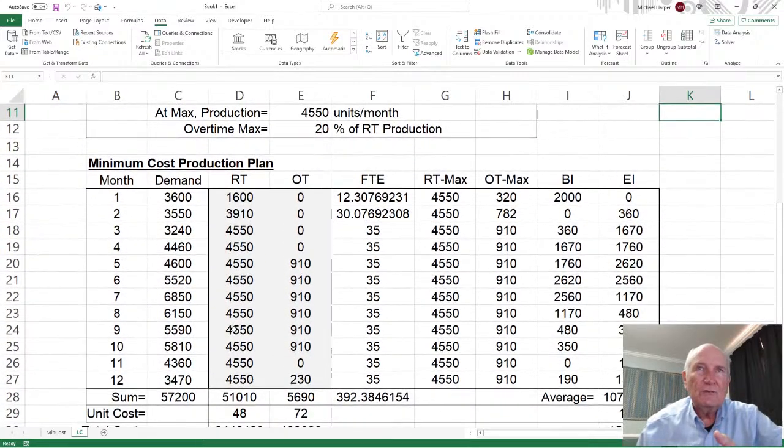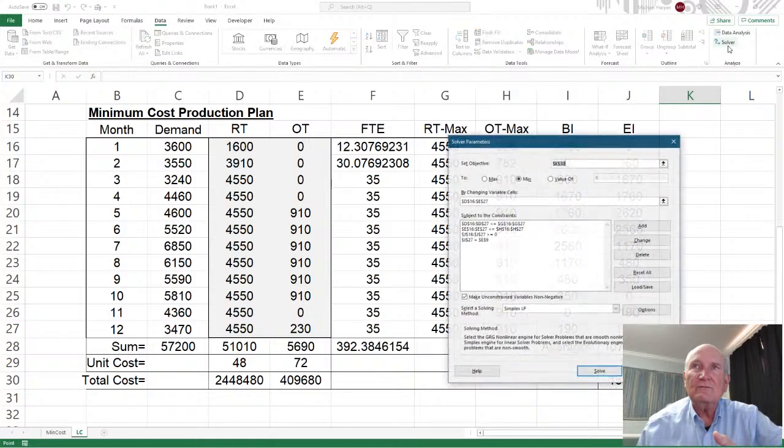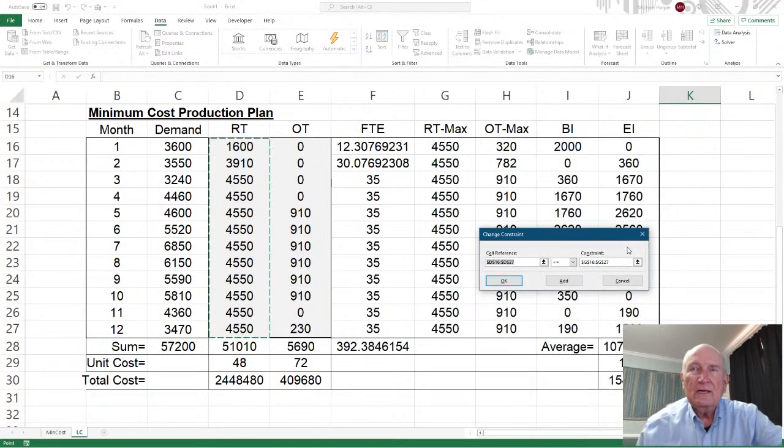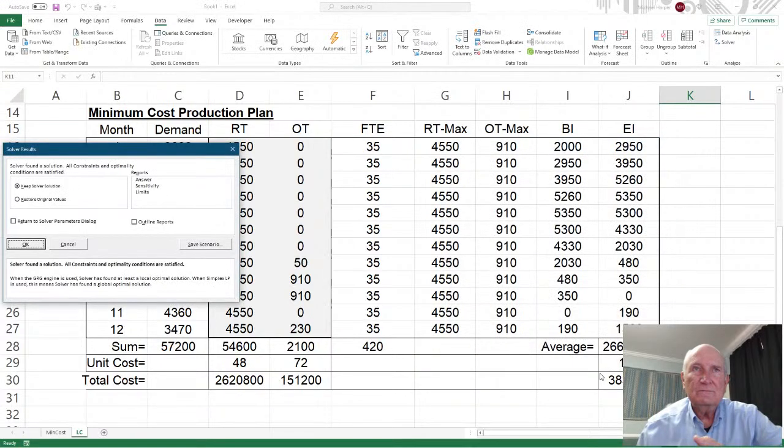Okay, so we can do this a number of ways. Let's go in here, go to solver, and take D and change it. Instead of less than or equal to the max, let's make it equal to the max. And then say OK, and then solve it.